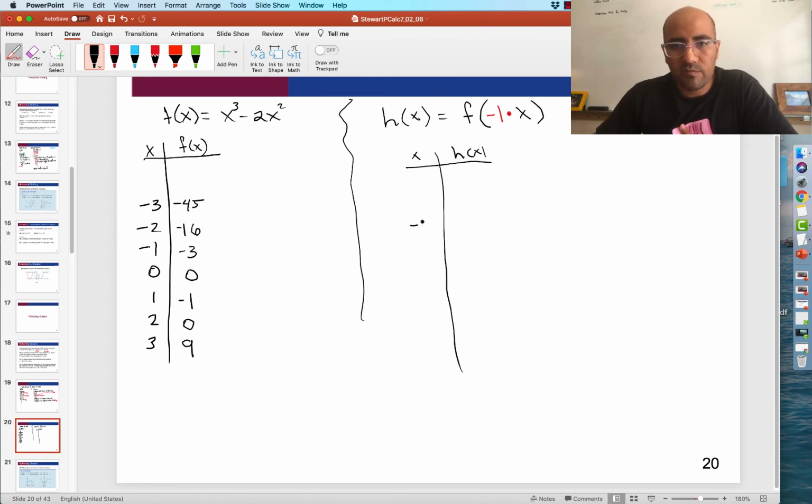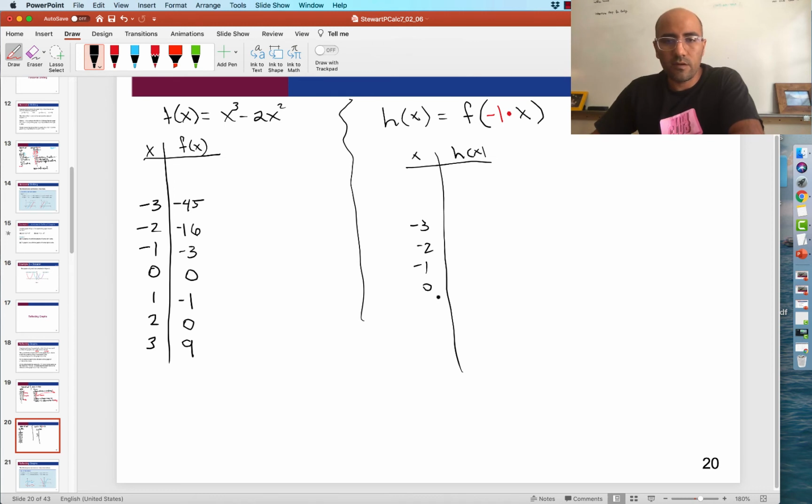Okay, so we're going to type in some values: -3, -2, -1, 0, 1, 2, and 3. When we type in -3, we want to figure out what this graph is evaluated at -3.